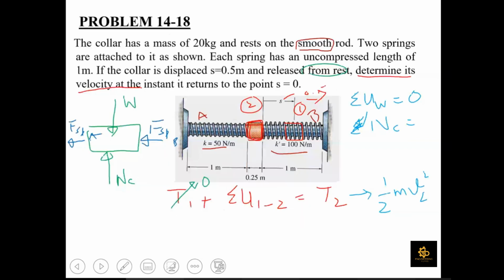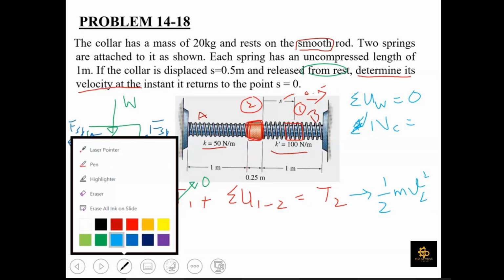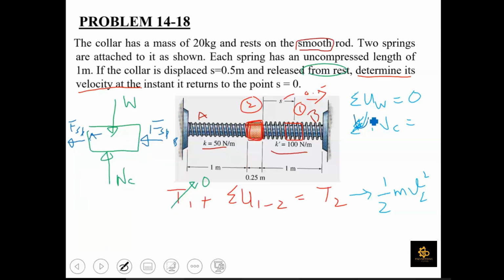Since normal reaction is also acting perpendicular to the direction of displacement, so it would not be contributing towards the work done. So you can write UN to be equal to 0 as well. It means that the only forces that would be contributing towards work are the spring forces due to spring A and spring B.